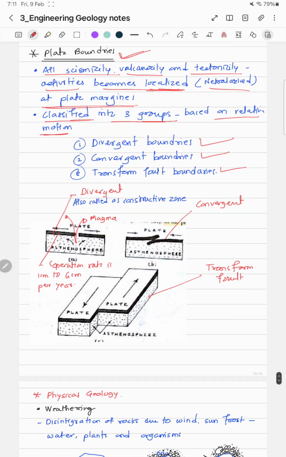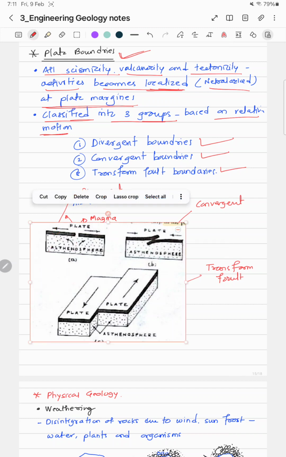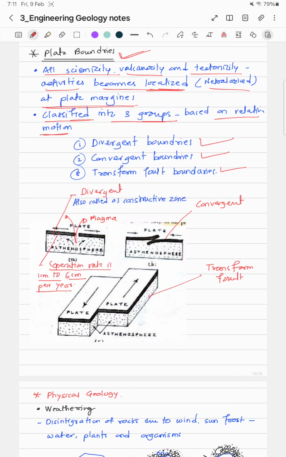First of all, divergent boundaries. When plates get separated from one point, there is a divergence, and this is a divergent boundary. The rate of separation of these plates is 1 centimeter to 6 centimeters per year.